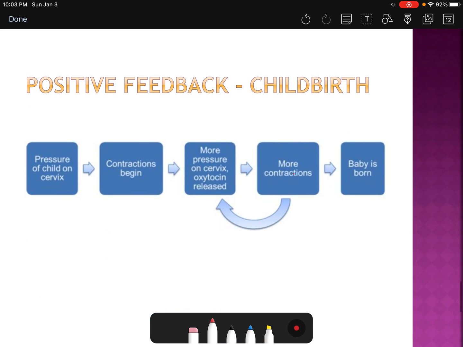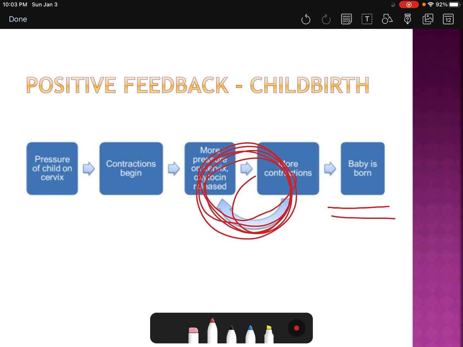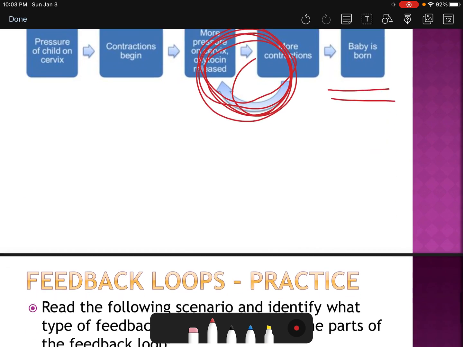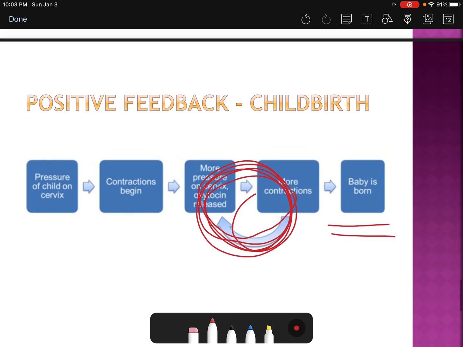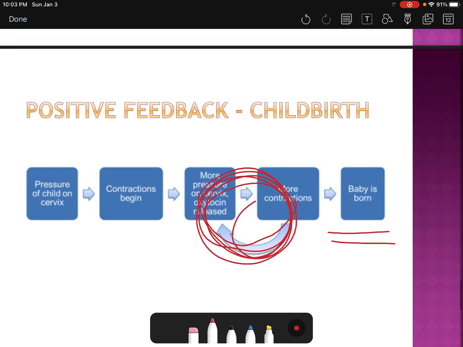And so as you can see, here's that inner loop that just keeps going and going and going until finally the baby is born. Okay? So that's an example of a positive feedback loop. Think about it. If that was a negative feedback loop, that means the change would have been reversed right away.